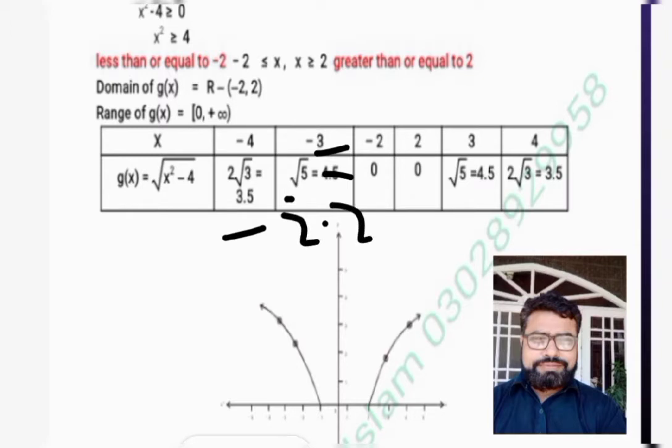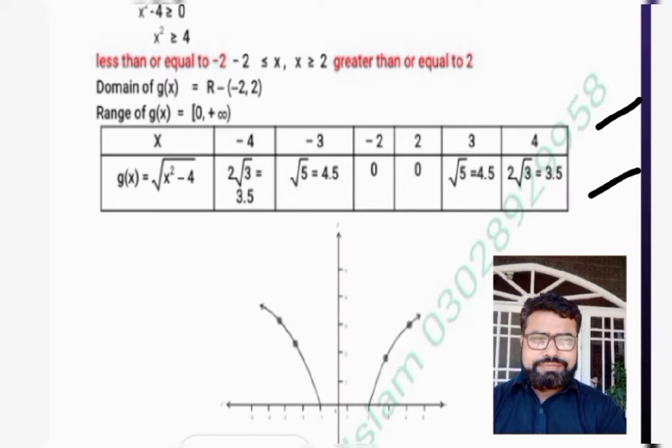If we put minus 2, the answer will be 0. If we put 2, the answer will be 0. If we put 3, the answer will be square root 5, that is 2.2. If we put 4, the answer will be 3.5. These values are domain and these values are range.